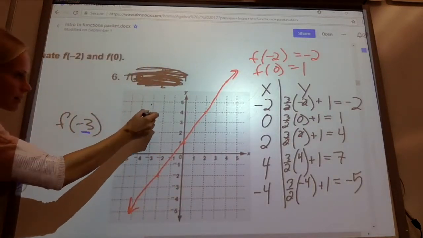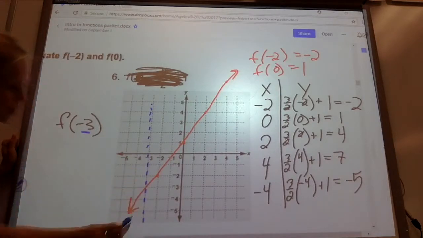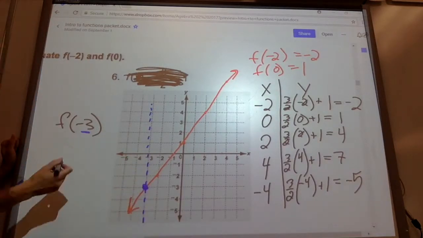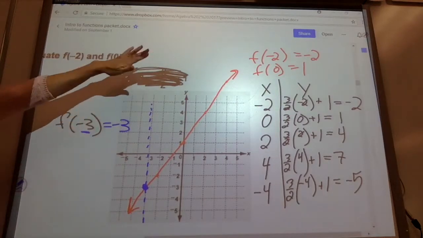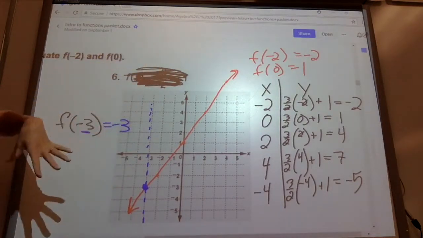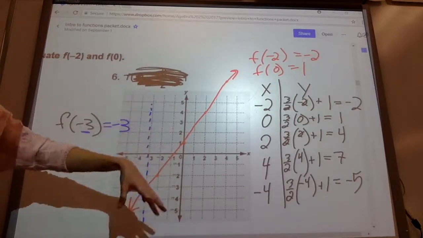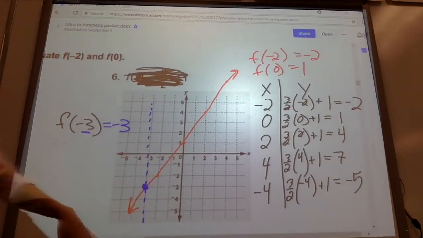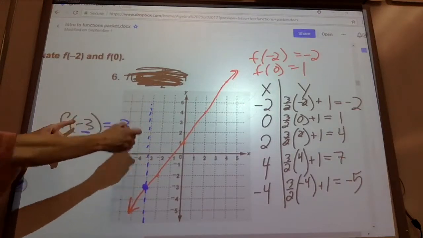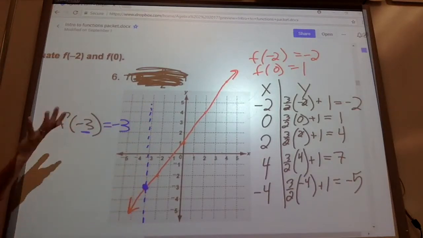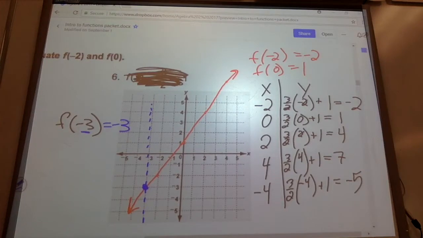So when x is negative 3, what's y? Negative 3. Right? So you don't always have to have the function if you have the picture of the graph. You can just say when x is that, maybe even draw a vertical line where x is that, and then find where it hits the graph. What's the y value? We have to do this one too then?